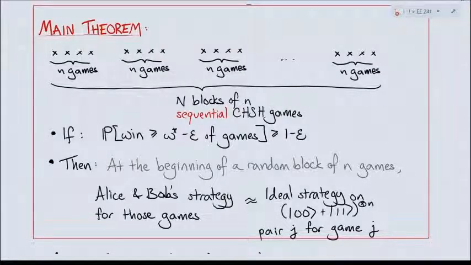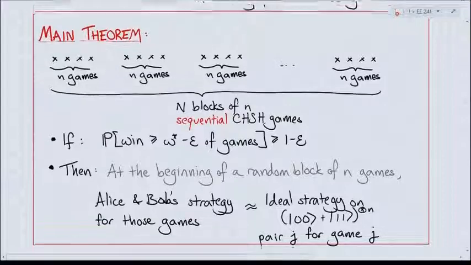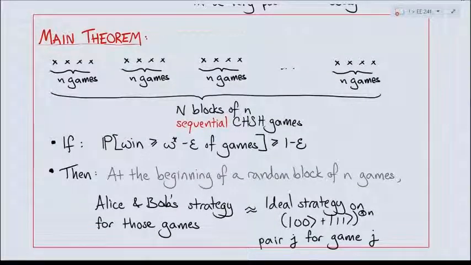If there's a high probability that they win close to the optimal fraction of the games, close to 85% of the games, then when you look at a random one of these blocks of little n games, at the beginning of that block, they had to have little n EPR pairs. And during that block, when they played that block, they had to be measuring those EPR pairs one at a time according to the ideal strategy. So winning them with probability cosine squared pi over 8 with these measurements.